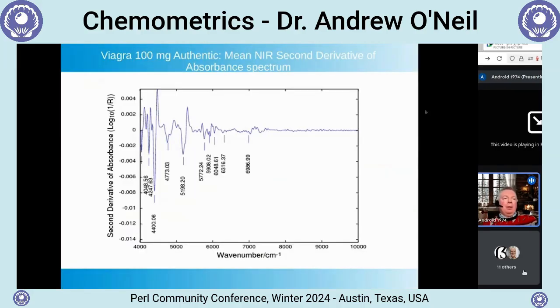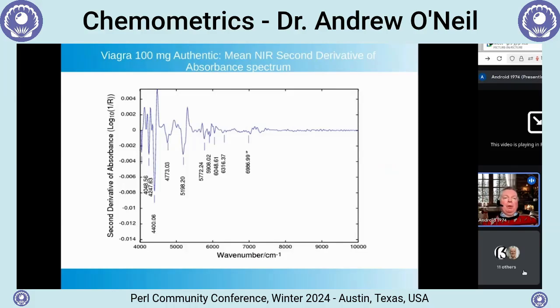Looking at spectroscopy then of the actual tablets, here is a spectrum of an authentic 100 milligram Viagra tablet removed from its packaging, and the absorbance spectrum has been converted to what's called the second derivative of absorbance. That is to resolve absorption peaks which tend to be overlapped and make them nice and sharp.